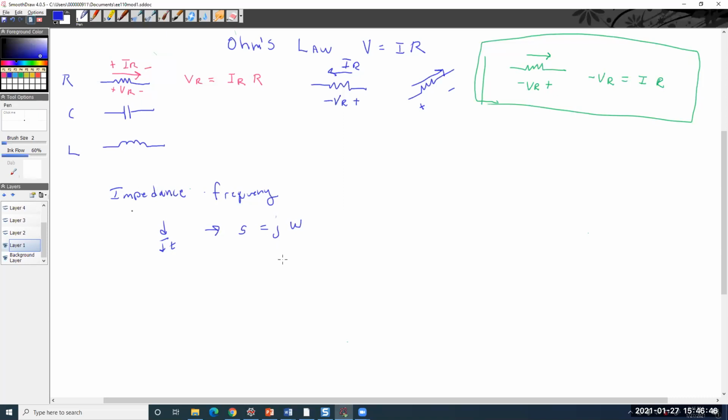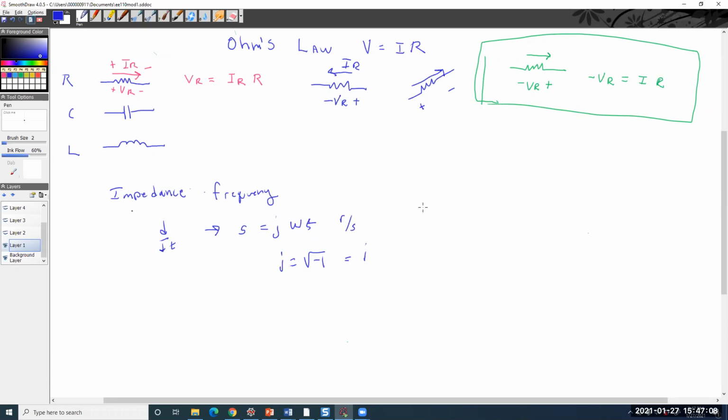Now, j equals the square root of -1, which many people call i. But since we use that for current so much in electrical engineering, we switch it to j. And this is the frequency in radians per second.